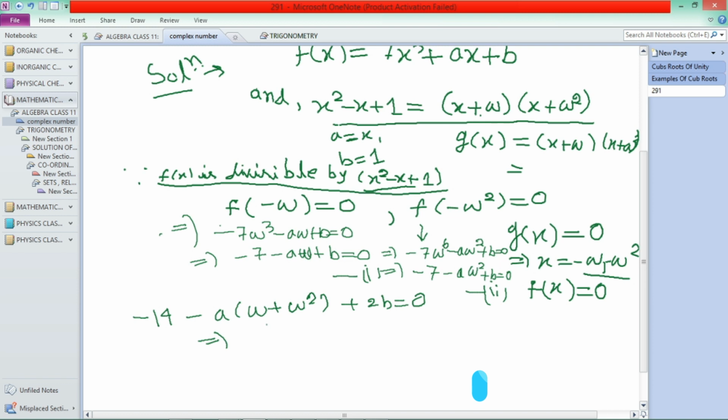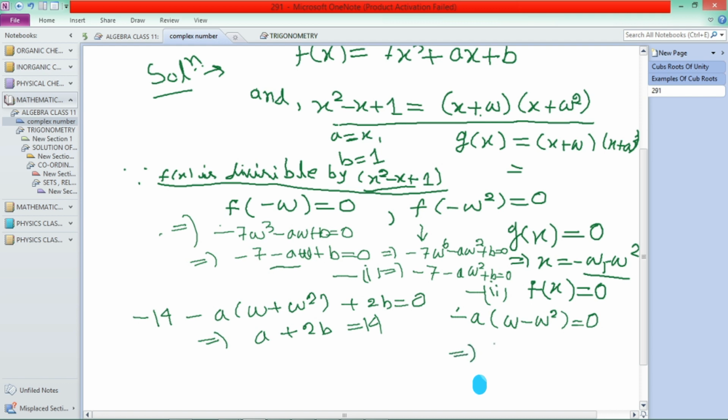From this calculation, omega plus omega square equals minus 1. So a plus 2b equals 14. Subtracting equation 1 and 2, we get minus a into omega minus omega square equals 0.